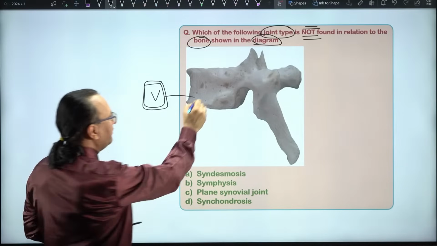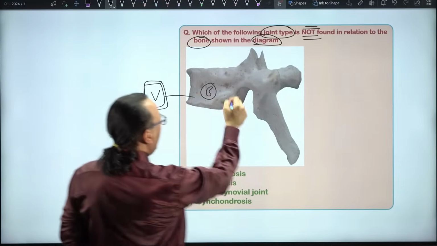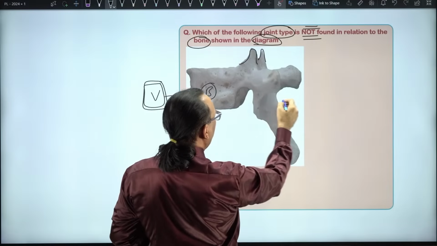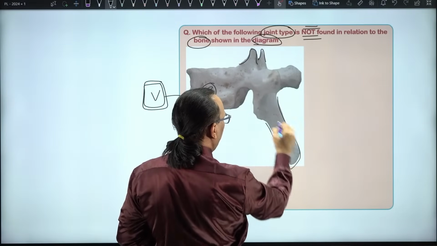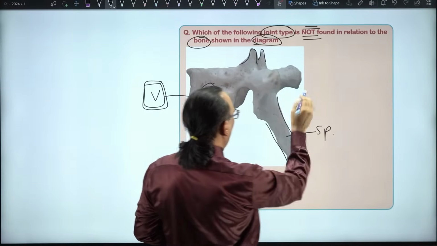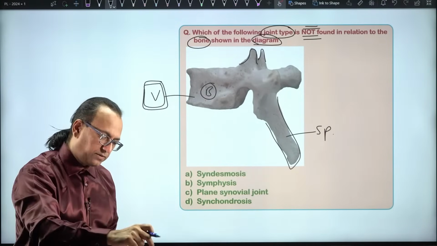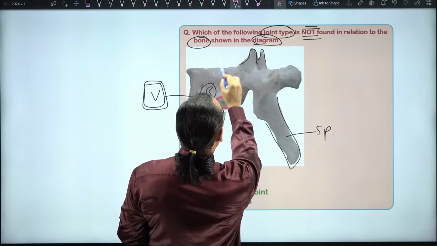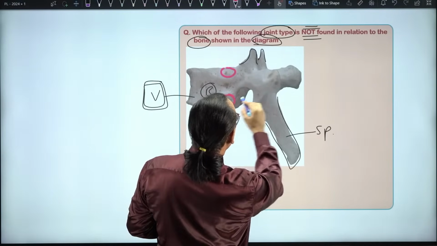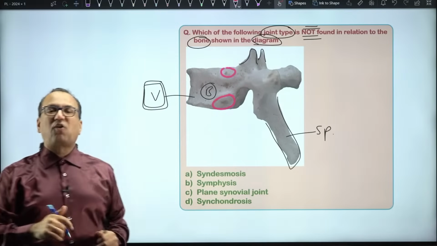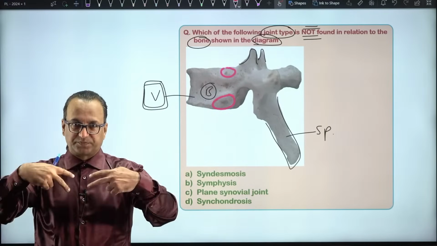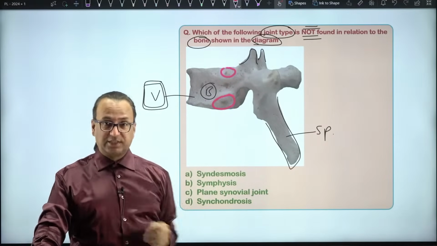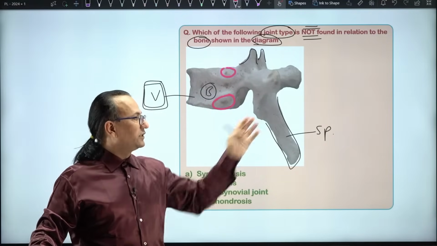It is the body which is seen here, and then you have the superior and inferior articular facets, and you see the spine is quite long. And one more thing to observe is here, the costal facets for the ribs. A long spine and costal facets tell that it is the thoracic vertebra.